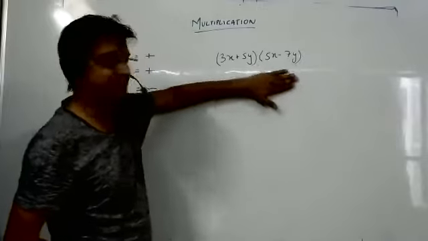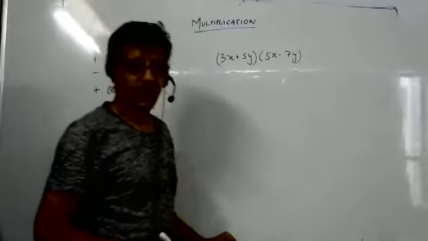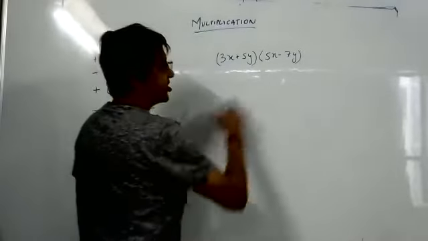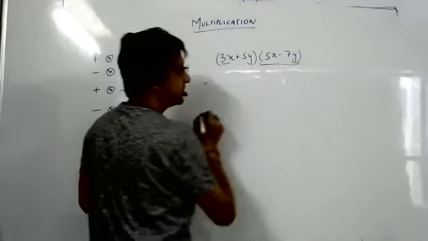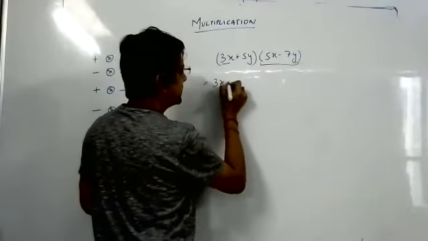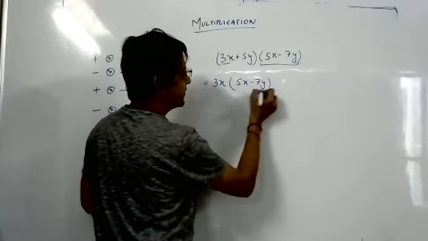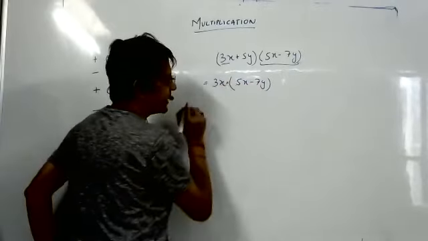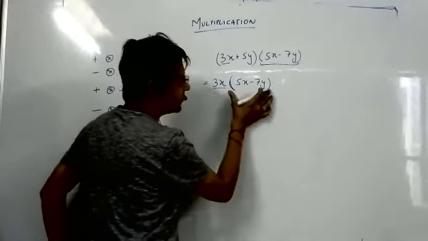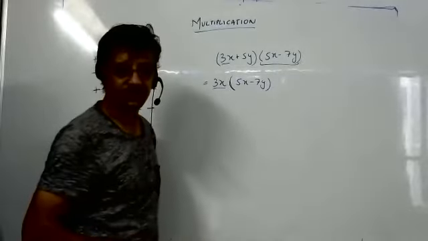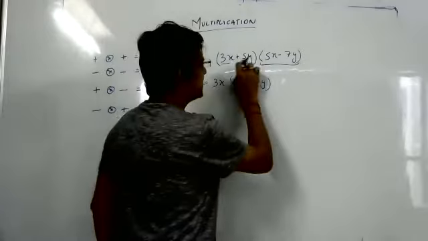If your funda is clear here, you will not struggle. Otherwise you will struggle in higher classes also. So first step, this into this. So we can write 3x into 5x minus 7y. If I don't write a sign and I keep a bracket, that means this is multiplied by the whole thing. This is the standard form of writing. Then plus 5y.